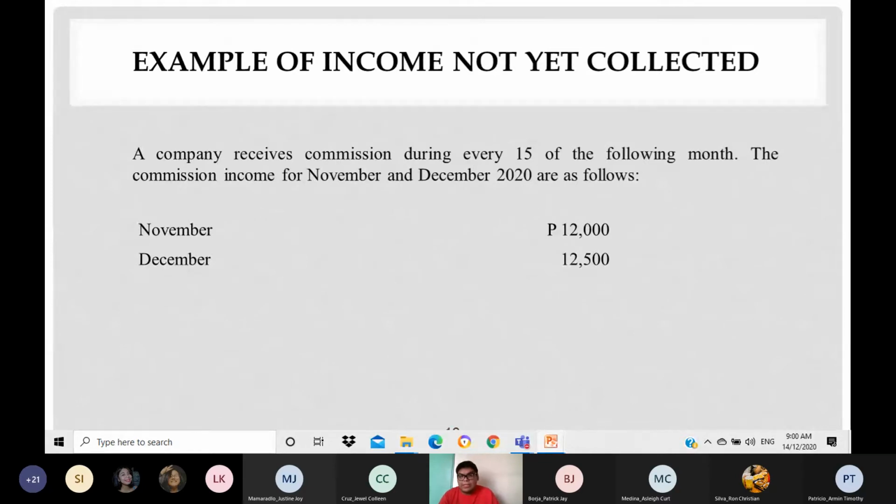So, kada 15 ng buwan, meron siyang natatanggap na commission. So, the commission income for November and December 2020 are as follows. So, 12,000 for November and then 12,500 for December.